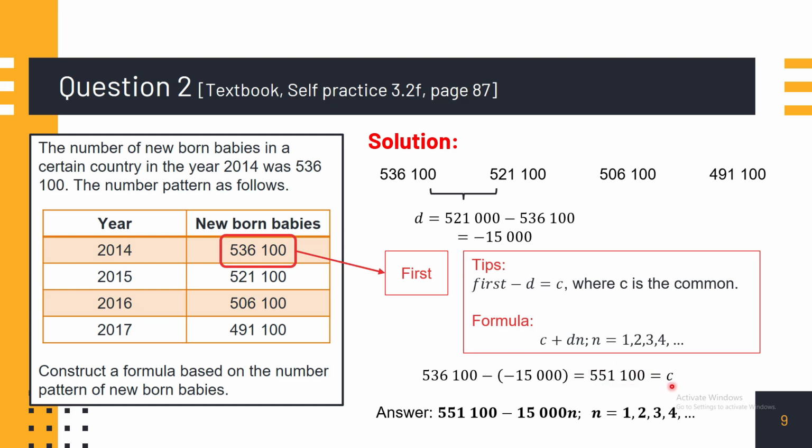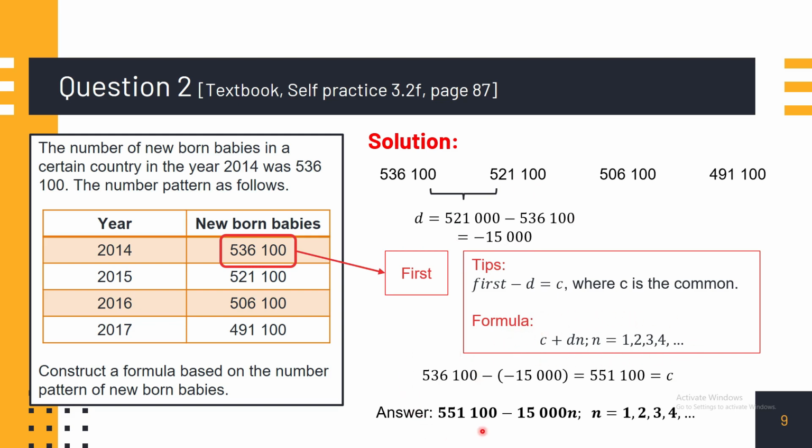We already found our c, and we already know our d. Then we insert these two values into this formula. This is the final answer.